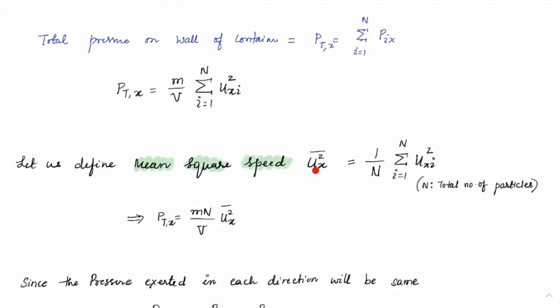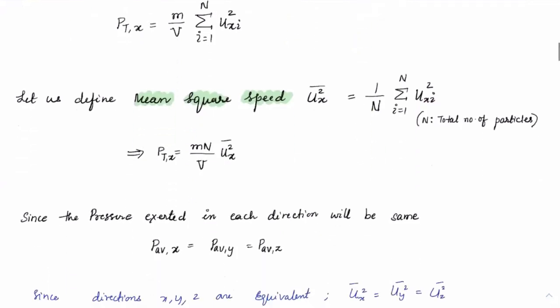Mean square speed ux² bar will be equal to the sum of all the squared speeds divided by the total number of particles n. So that entire sum can be replaced by n times the mean square. The bar means it is a mean. So the total pressure will be mn by V into u² bar.